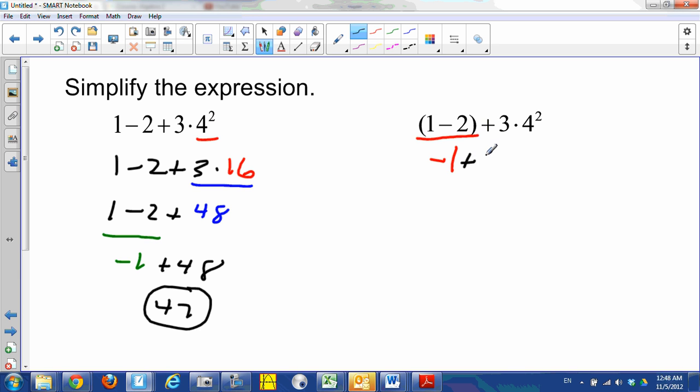Negative 1 plus 3 times 4 squared. And then, of course, from there on out, this is actually going to end up the same as the last one, I believe. So this is actually not a very good example.